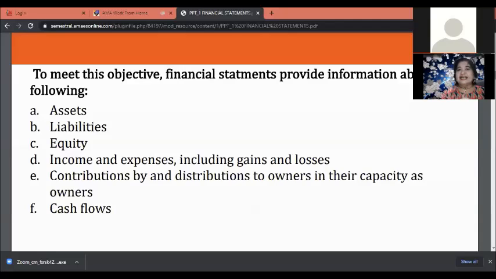Expenses can be classified and categorized as what? Administrative expenses, selling expenses, operating expenses, and so on and so forth. These are all expenses incurred, needed to generate profit, primarily aiming to have profit. Isn't it?